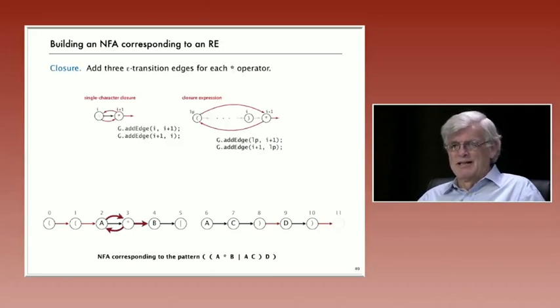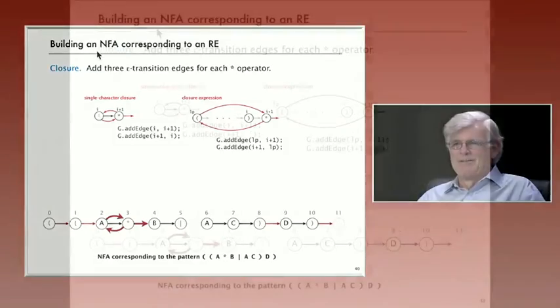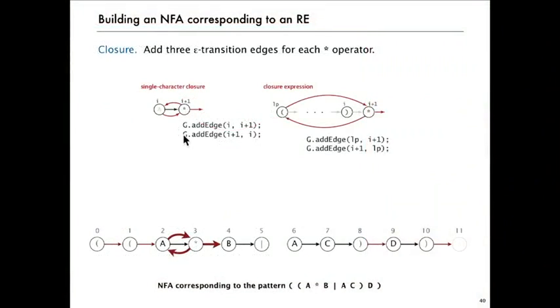Now closure is the one that has quite a bit of action. So for every star, let's look at the one that is just a one character closure. So we have a single character closure, so this is a star. And what we need is epsilon transitions for the star that allow the machine to go and pick up, well, there has to be an epsilon transition that goes out to the star to cover the case that we have 0 matches.